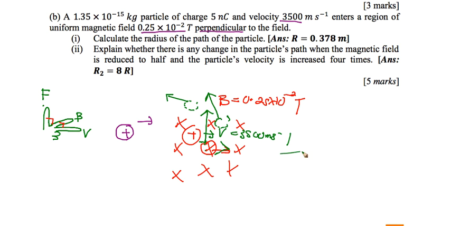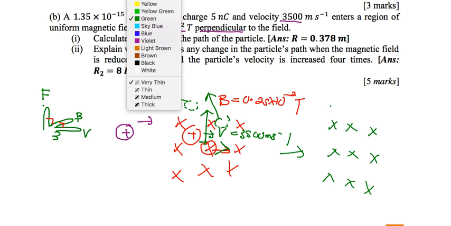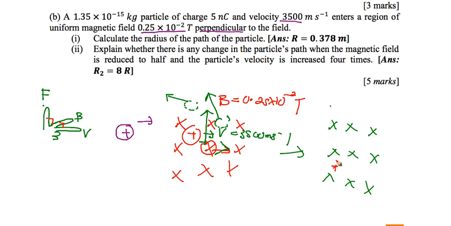So if you draw the path of the positive charge when it enters the magnetic field B, the path is a semicircular path. This is the direction of the positive charge when entering region B.